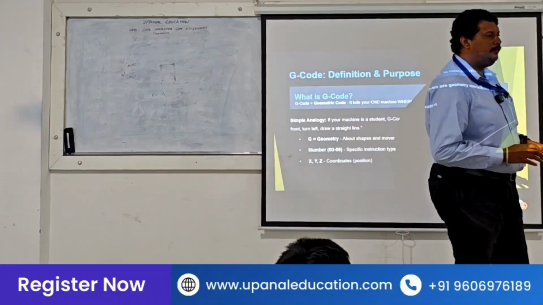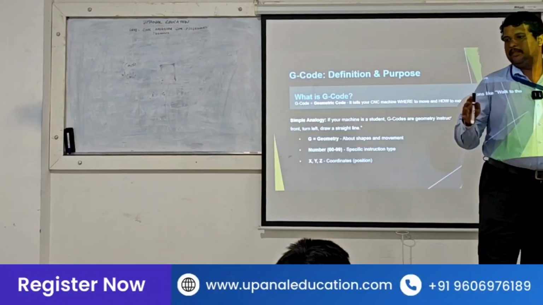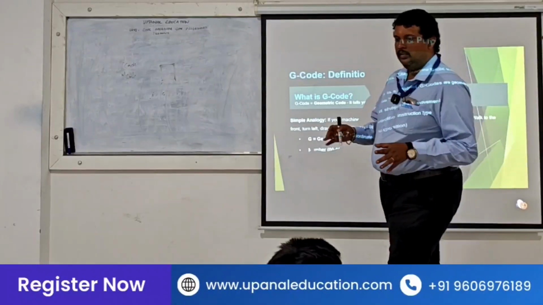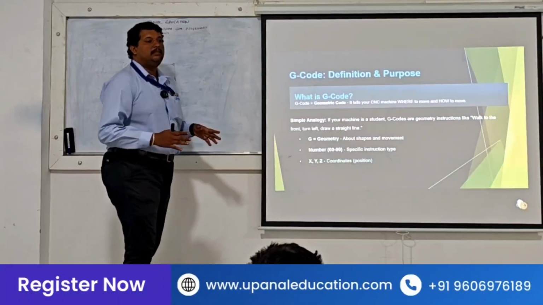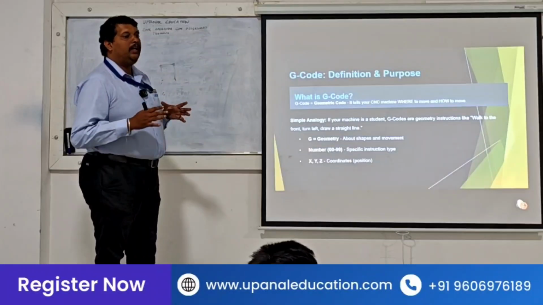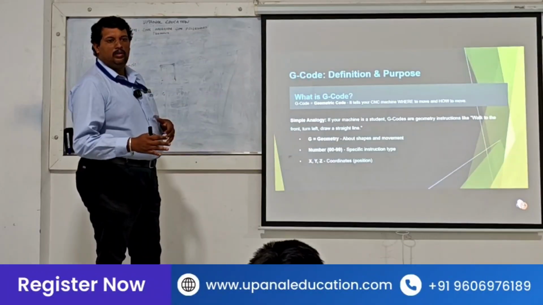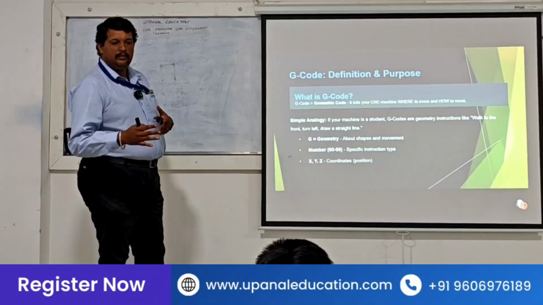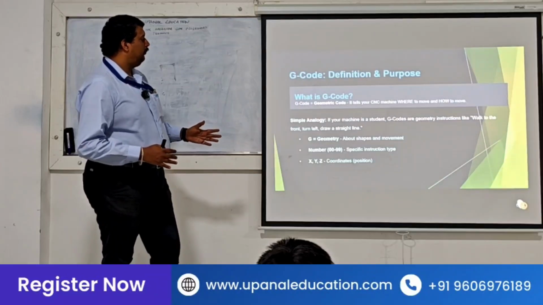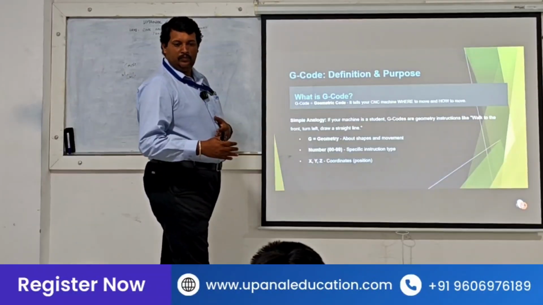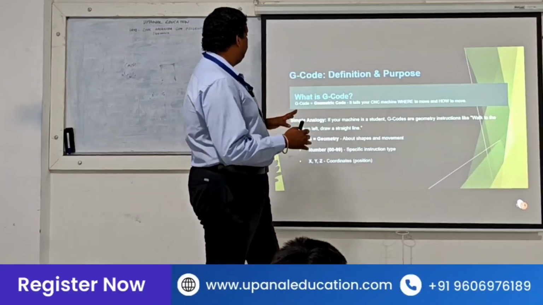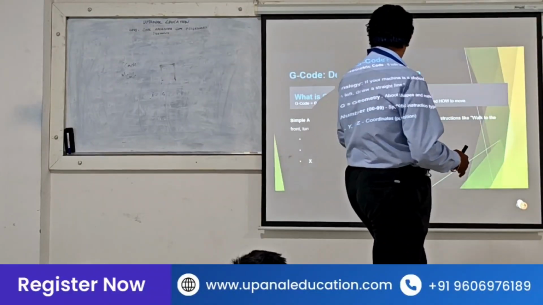Geometry basically means shapes. G means geometrical code. We are telling the machine what to do, where to go, where to move. All these things will be told by the G code. And we will tell how to move, what speed to move. All those things will be told by the G code.